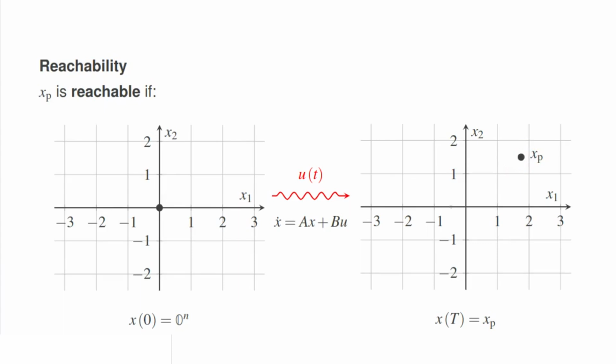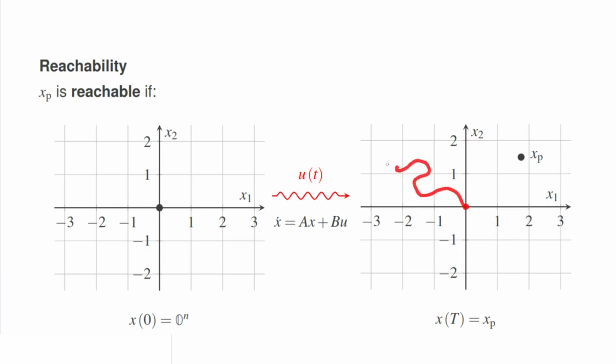Applying different inputs then has the effect of pushing points around our state space. Suppose, for example, our system was initially at the origin here. Applying one input over one time interval might have the effect of pushing that point through our state space like this.